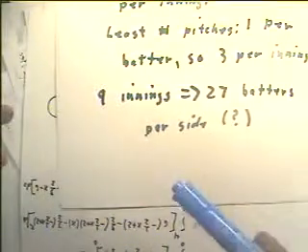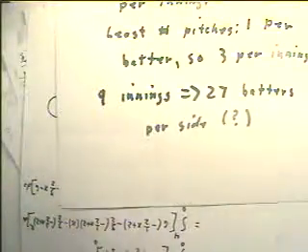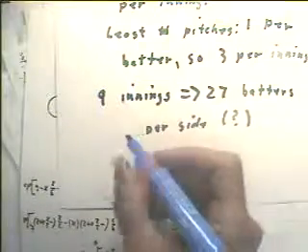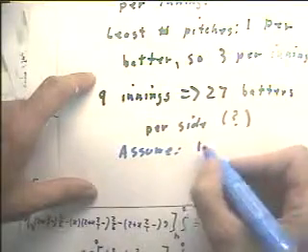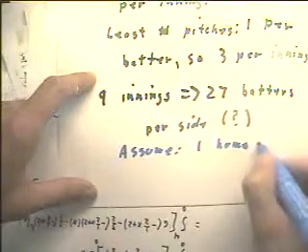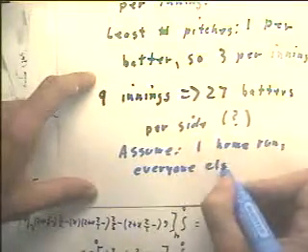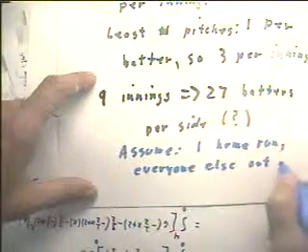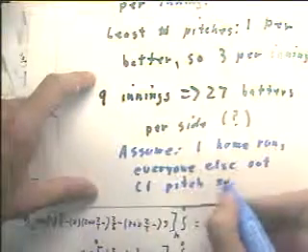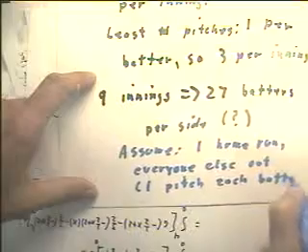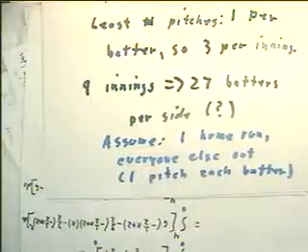This really is part of understanding the problem. We're understanding the problem and working out the details at the same time. So maybe our best assumption: one home run, everyone else out, 1 pitch each batter, and then you can carry out this plan and think through what's going to happen.